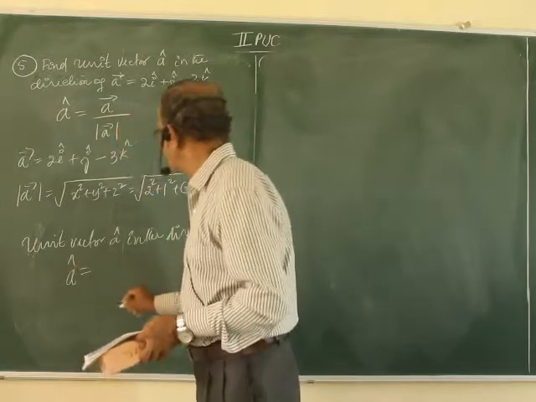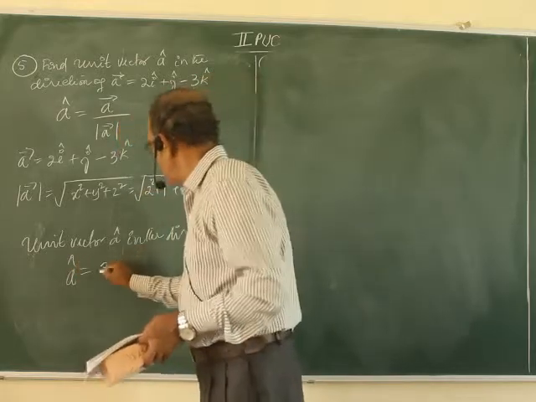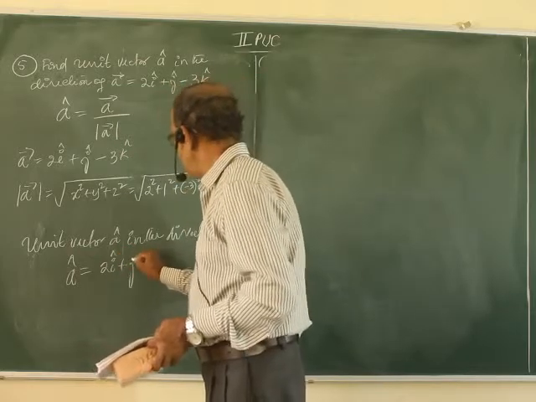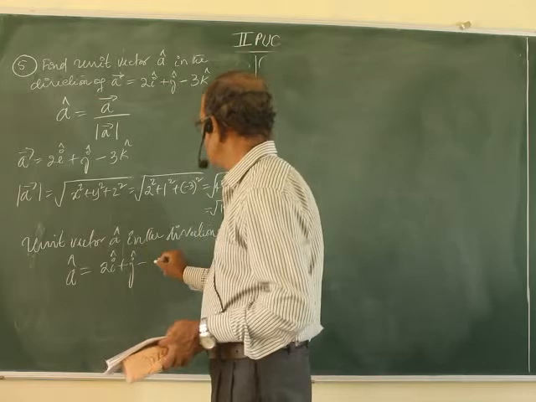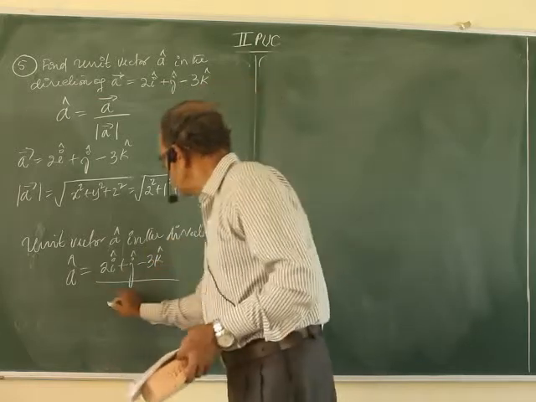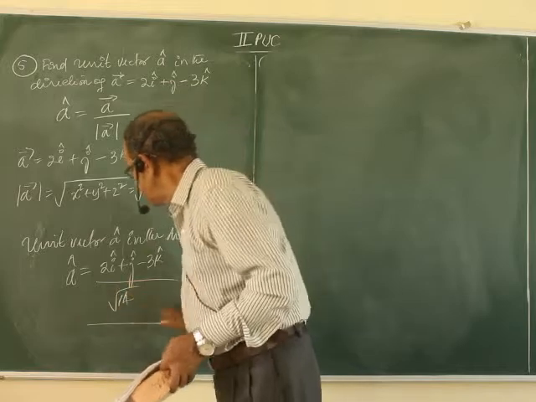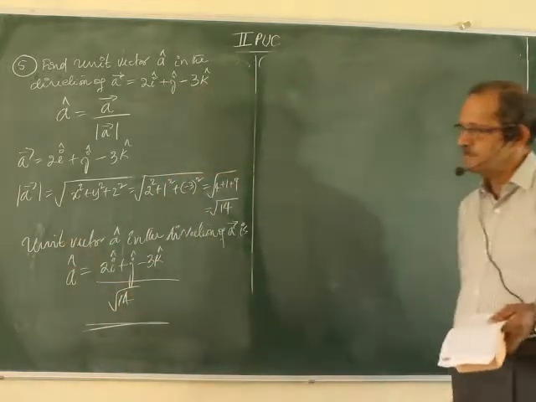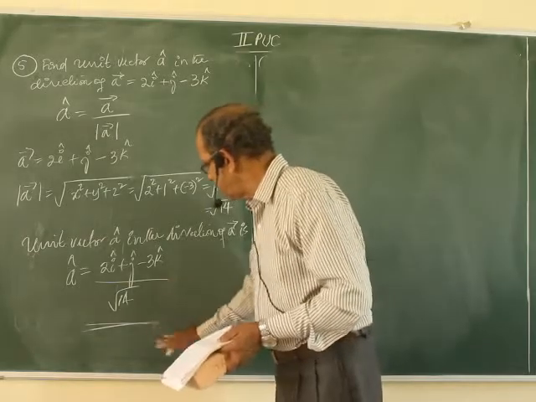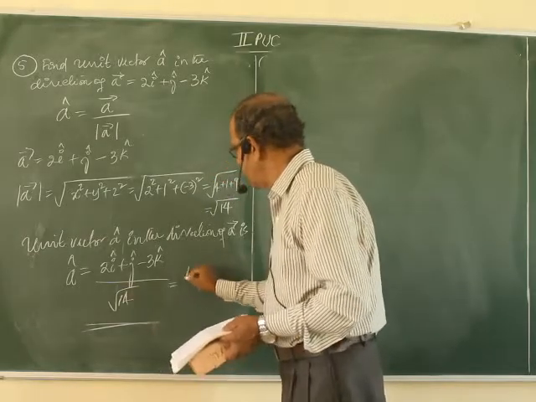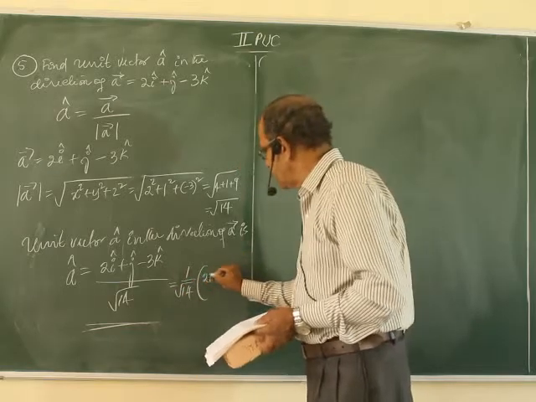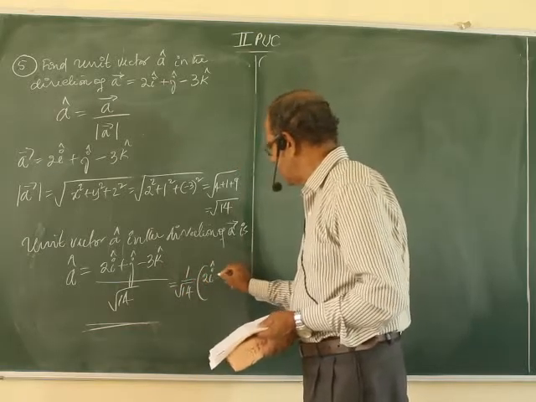A cap equal to vector A, 2i plus j minus 3k, divided by root 14. Or you can also write this one like this on simplification. Instead of divided by, this is also the method to represent the same unit vector.